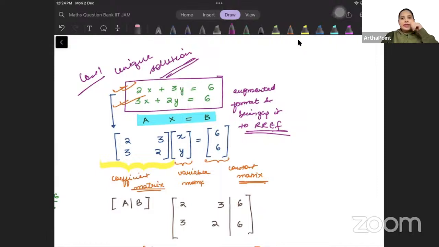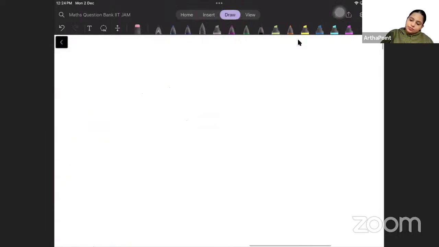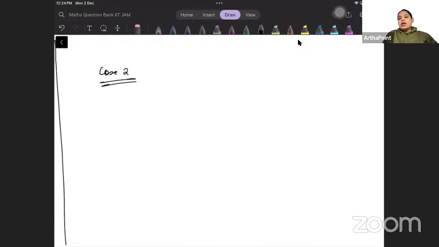Right? Now, the next thing we need to understand is case number 2. Let's say I take the same equations, but I manipulate them a bit.